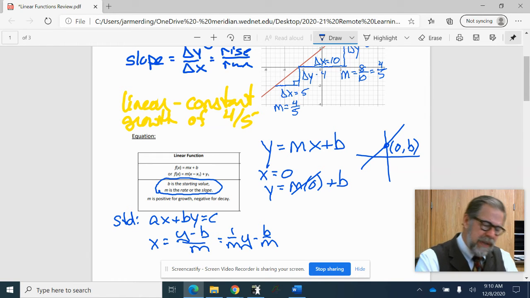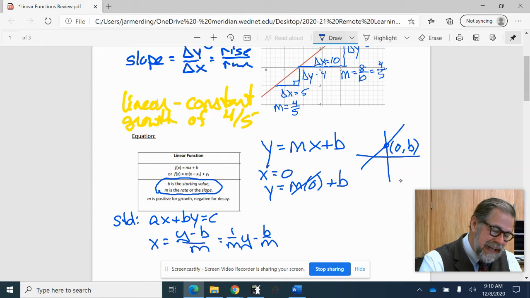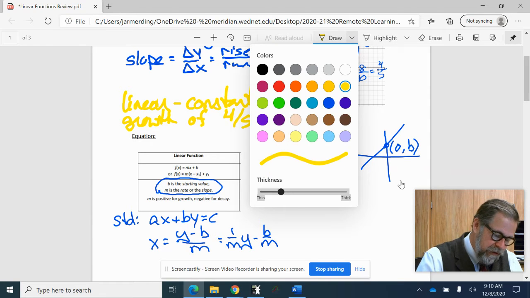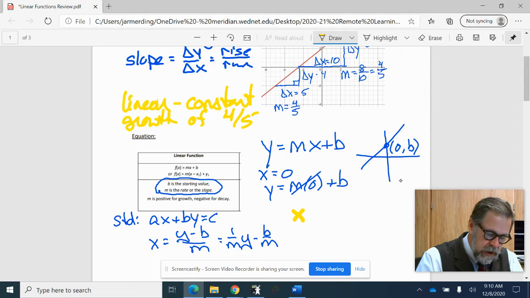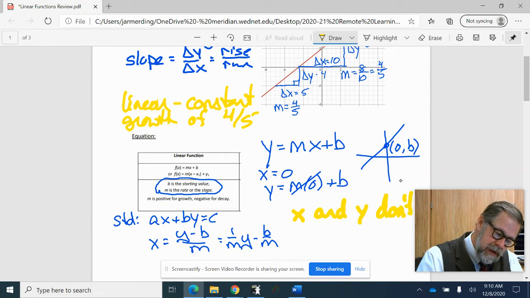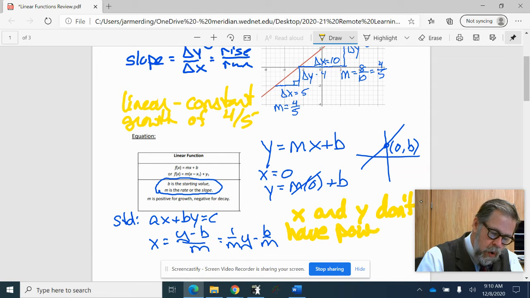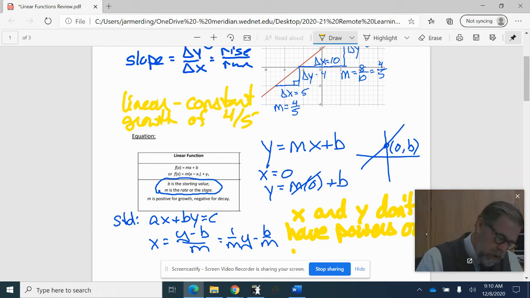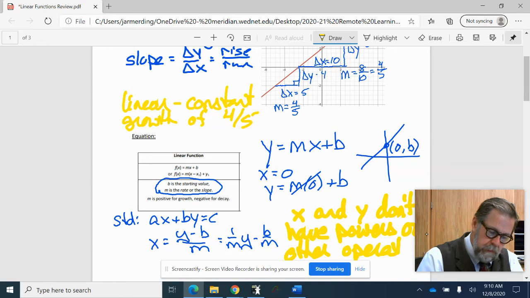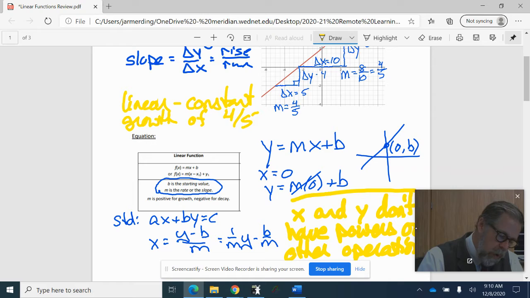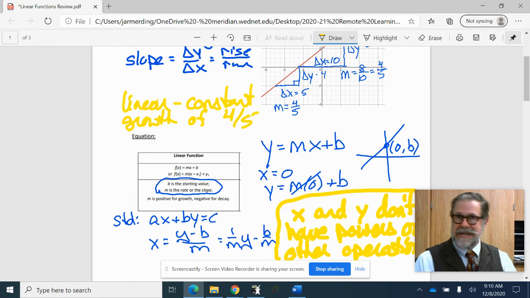The key on this is that it is linear if x and y don't have powers or other operations on them. So when you're looking at this, if you see y squared, it's not linear.